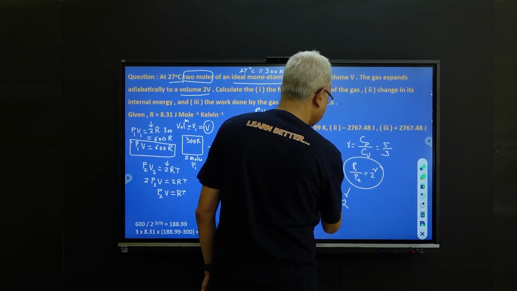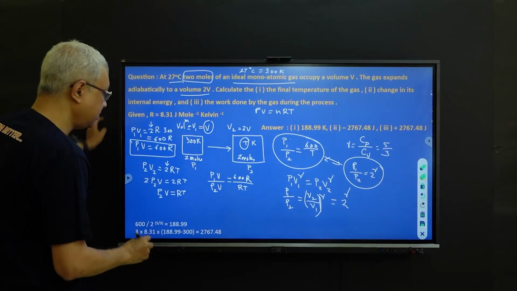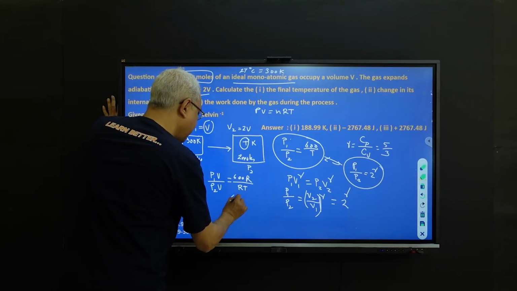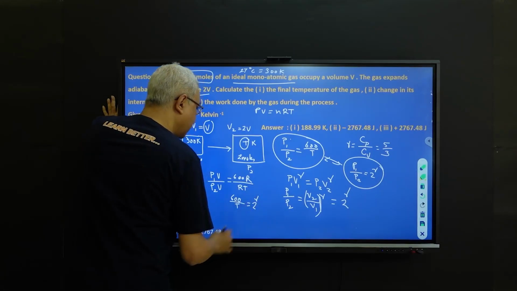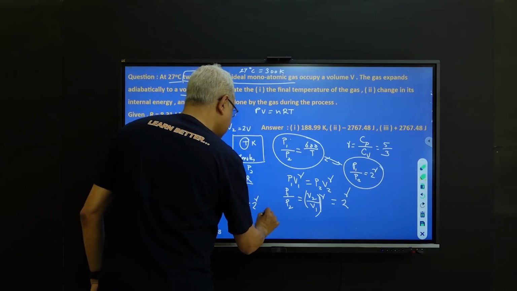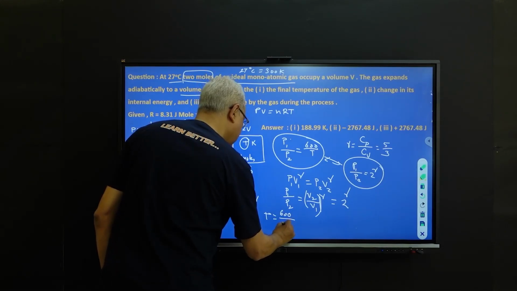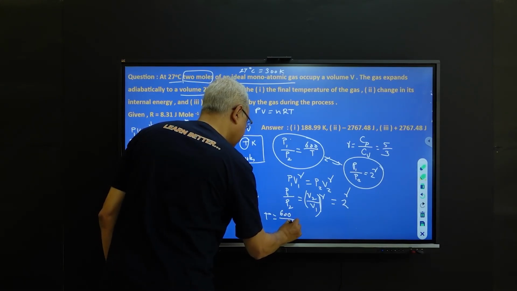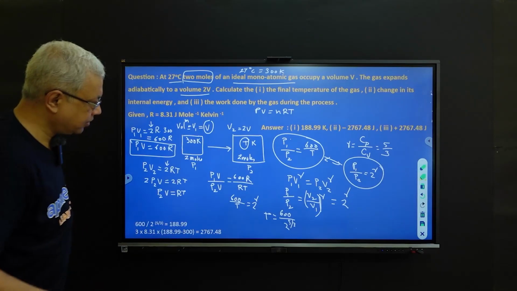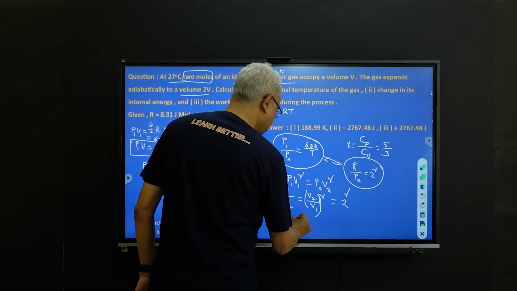So if I connect these two equations, we can find 600 by T is equal to 2 to the power gamma. So T is 600 by 2 to the power 5 by 3, and temperature will be in Kelvin obviously.